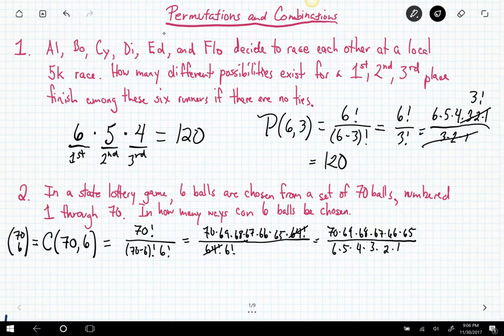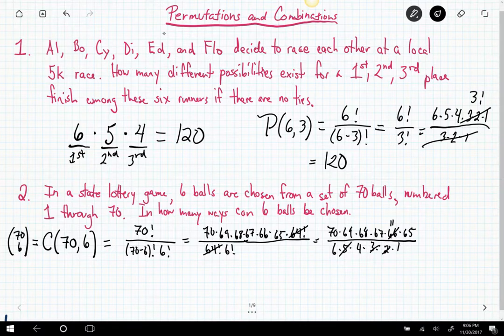Okay, so let's see here. Some of those things that we can cancel off: 3 and 2 make 6, so that'll cancel off with the 66 and give us 11. What else do we have? A 5 will go into either the 65 or the 70.